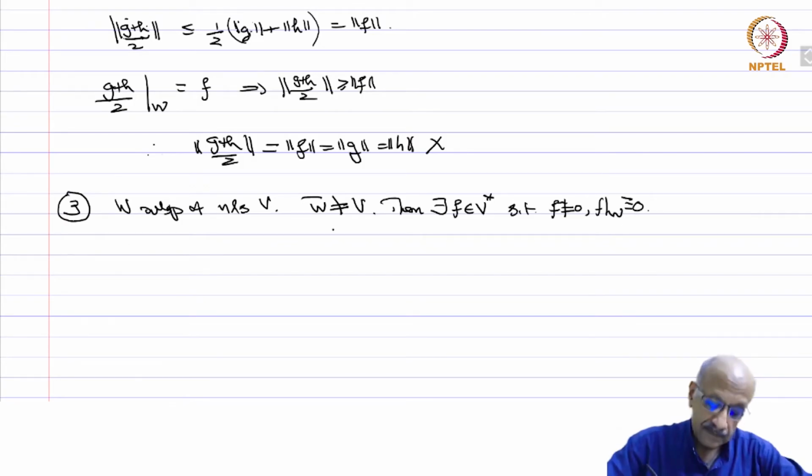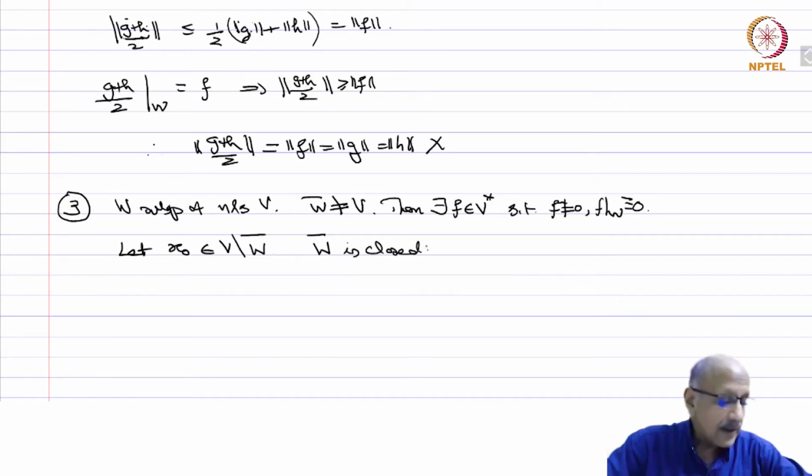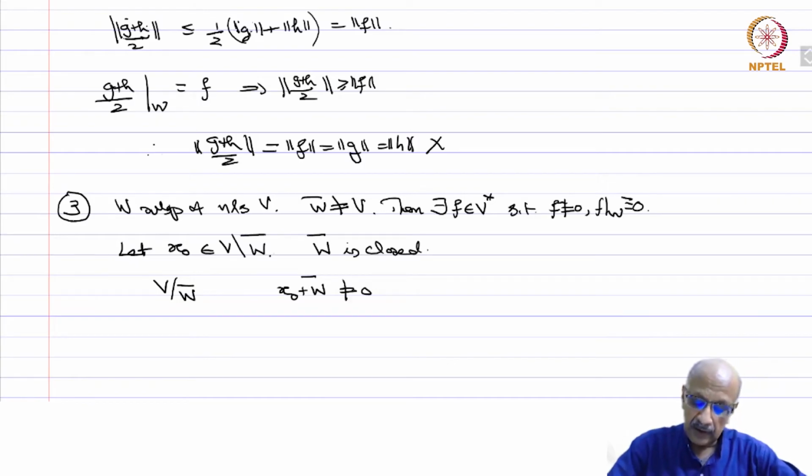So let x naught belong to V minus W bar. Then W closure is a closed subspace, and therefore you can consider V by W bar. This quotient space is well defined, and then x naught plus W closure is not equal to 0, because x naught is not in W bar. This coset cannot be the 0 element.